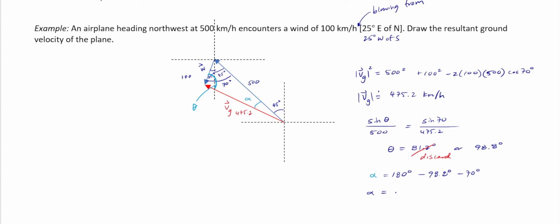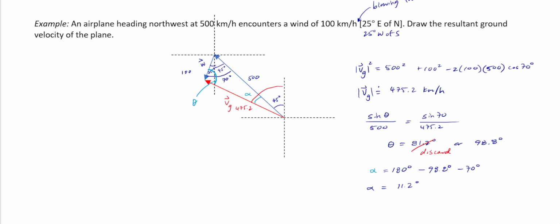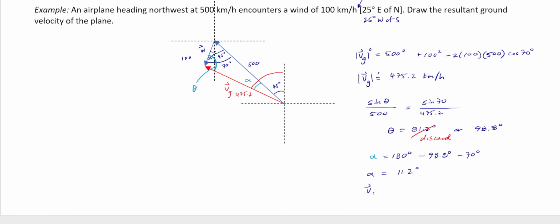Then alpha is equal to 11.2 degrees, and so I can find this whole angle by taking 45 and adding it to 11.2, and that will give me my final direction of the ground velocity. So ground velocity is equal to 475.2 kilometers per hour, north 56.2 degrees west. And again, that 56.2 comes from adding 45 degrees plus this alpha, which was 11.2 degrees.